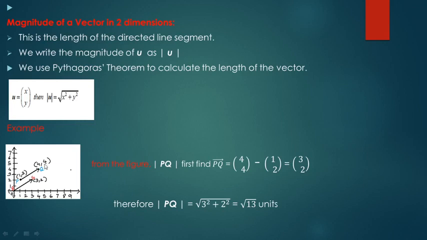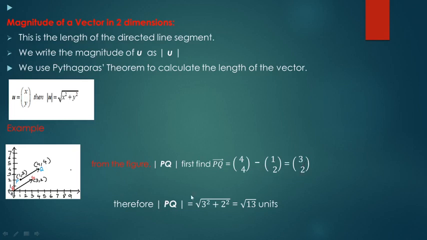So we first find Q in column vector, the vector of Q minus the vector of P. The vector of Q is (4, 4) minus (1, 2), which gives (3, 2). So vector PQ, the column vector of Q minus the column vector of P, is (3, 2).